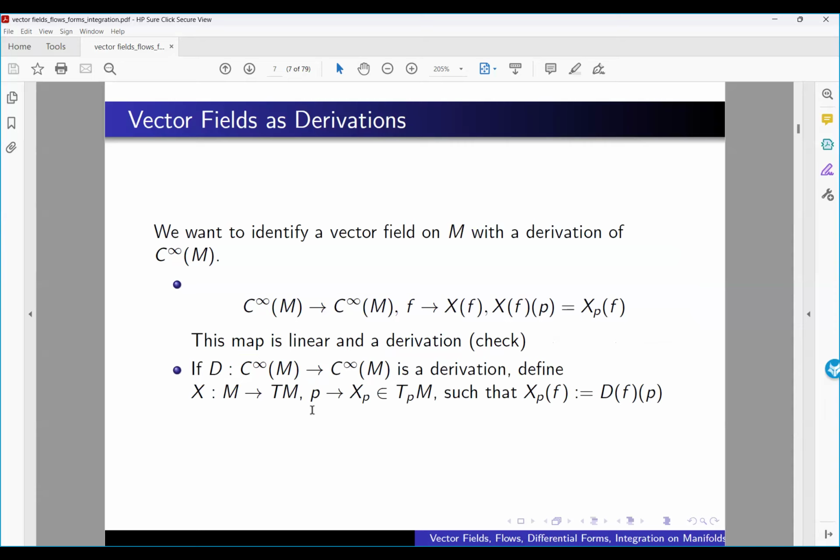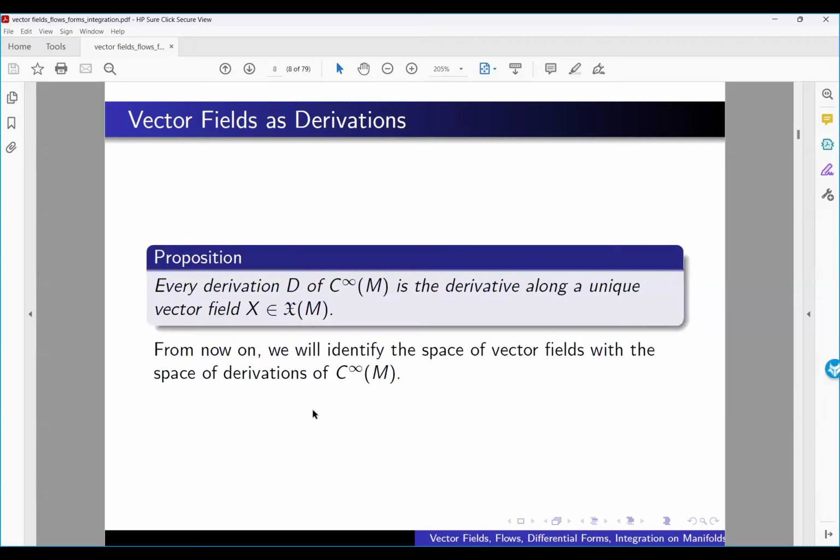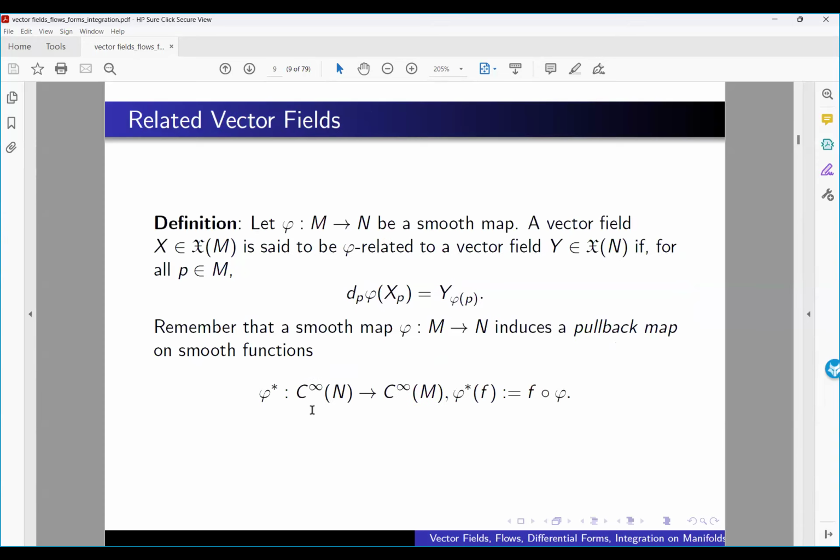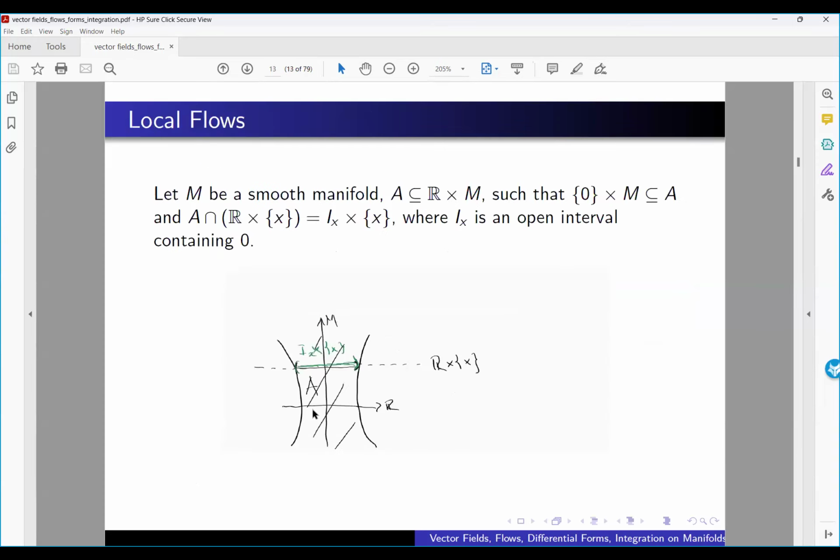So it depends on what we need. We are going to pretty often look at vector fields as derivations, right? It's easier and more intuitive to work with this kind of functions. All right. Now here you have results saying that everything is correctly defined and so on. So I'm going to skip this part, and move on to see what the local flows are.